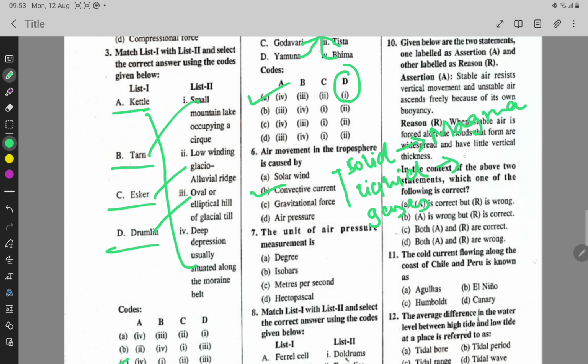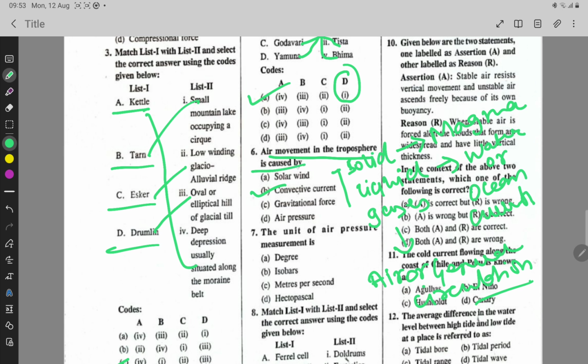Liquid, that is water current or ocean currents. Gases is air movement or general circulation. So air movement in the troposphere is caused by convectional currents.